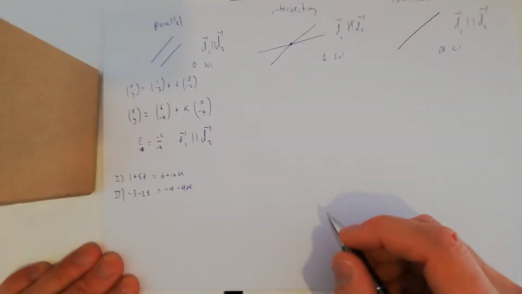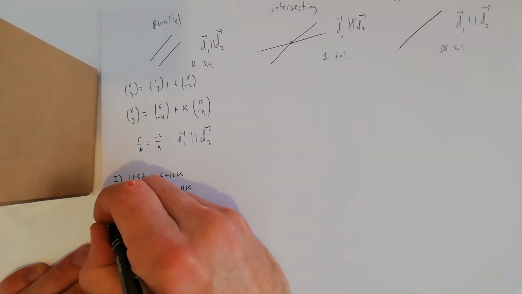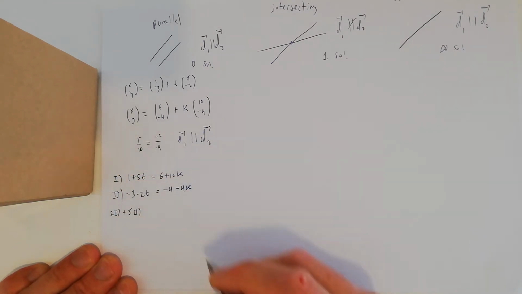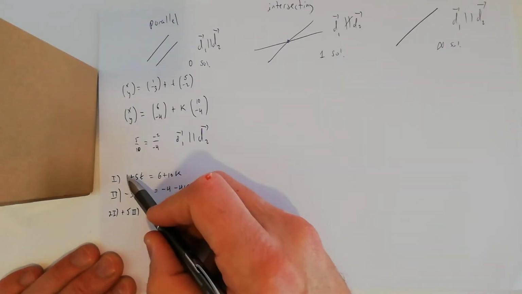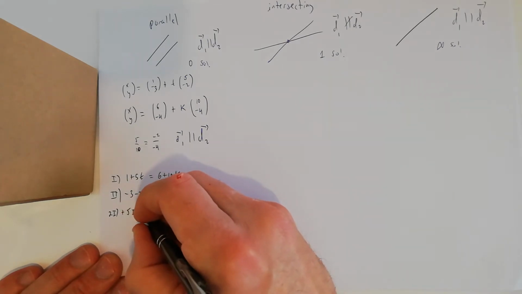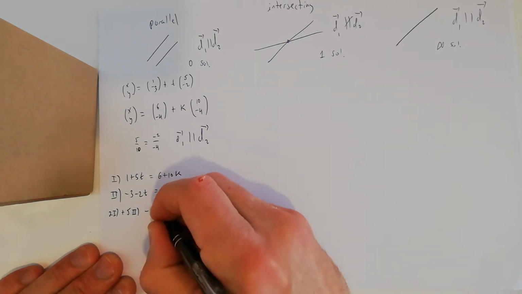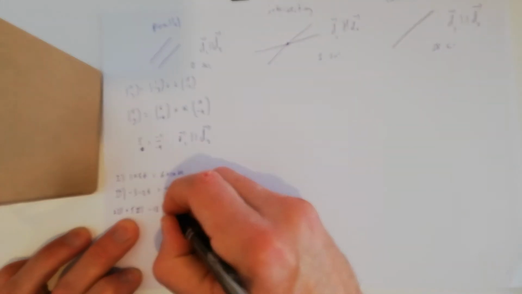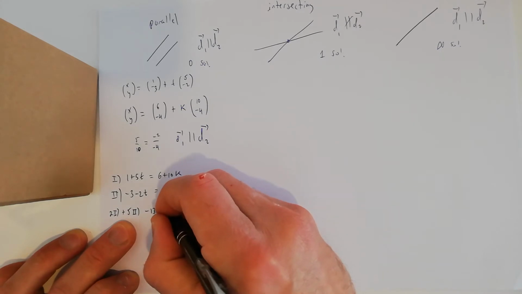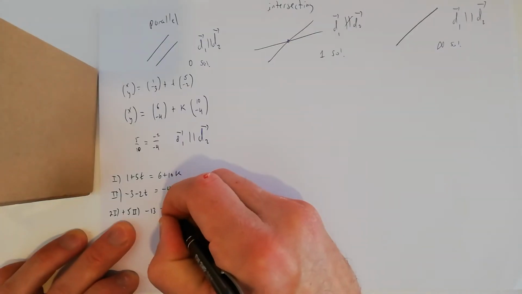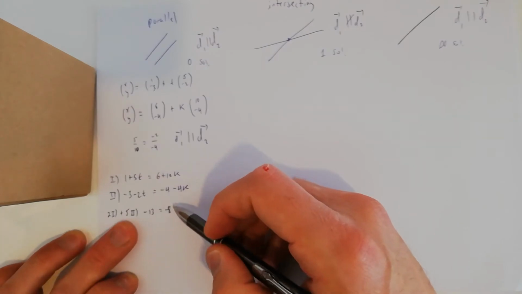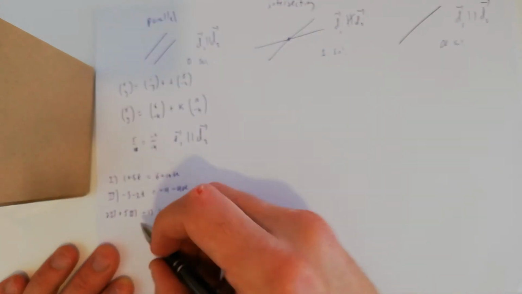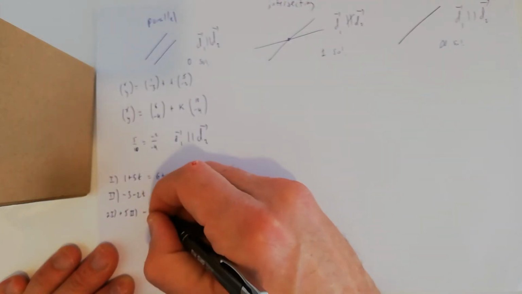Here, using elimination, for example, equation 1 times 2 plus equation 2 times 5 will eliminate the t's. So 2 minus 15 is -13. 12 minus 20 is -8, and then 20k minus 20k is 0, so the k is also eliminated, and we get that -13 is equal to -10, which of course is not true.